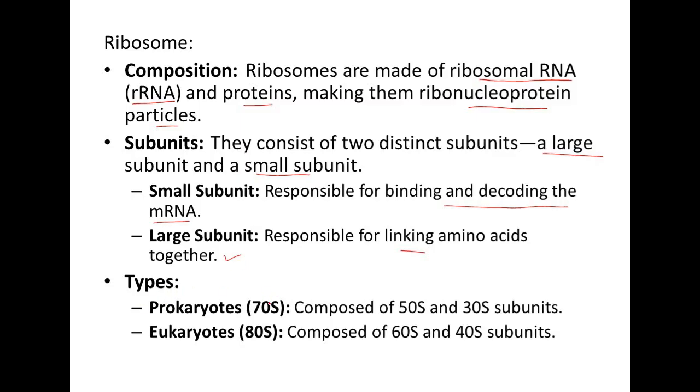Types of ribosome: one is 70S, other is 80S. 70S is found in prokaryotes and 80S is found in eukaryotes. 70S is composed of 50S and 30S subunits. 50S is the larger subunit and 30S is the smaller subunit. And eukaryotic 80S is composed of 60S subunit and 40S subunit.